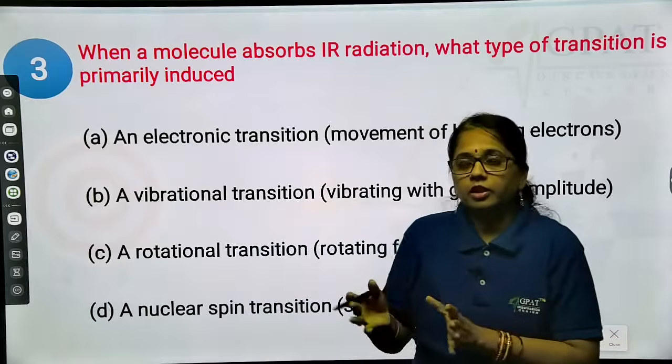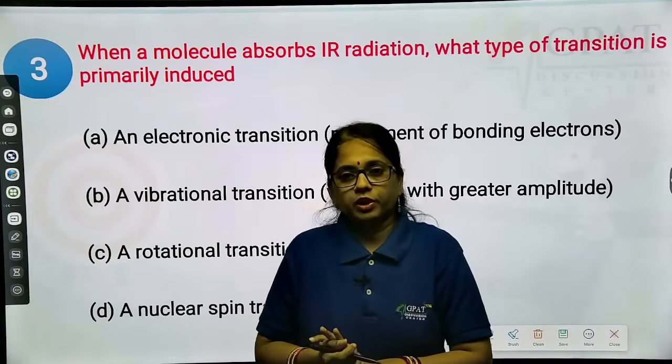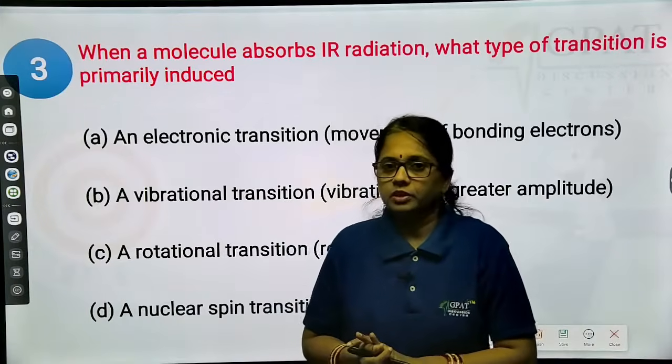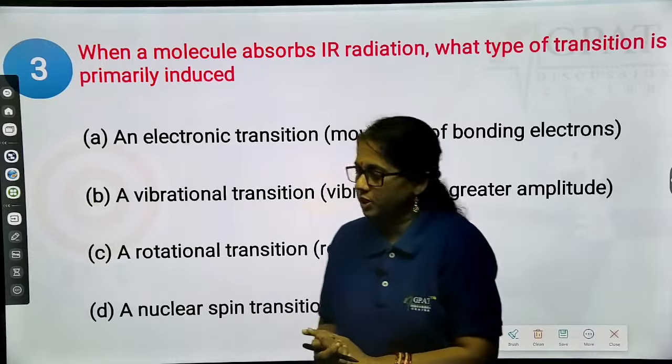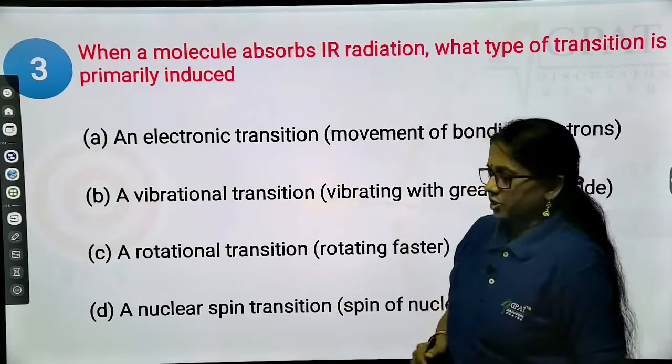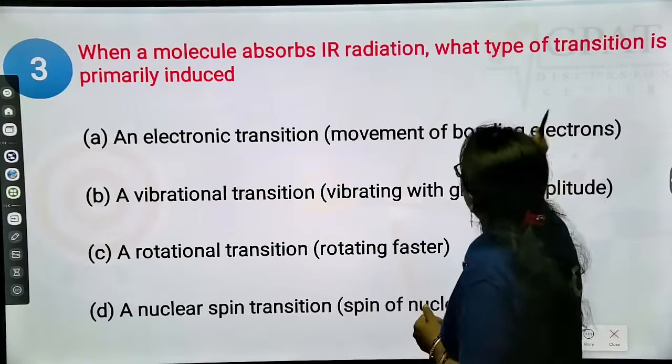We know that for each radiation a certain wavelength has been defined, and at that particular wavelength it possesses some energy and frequency. Whenever IR radiation is being used, what is the type of transition?